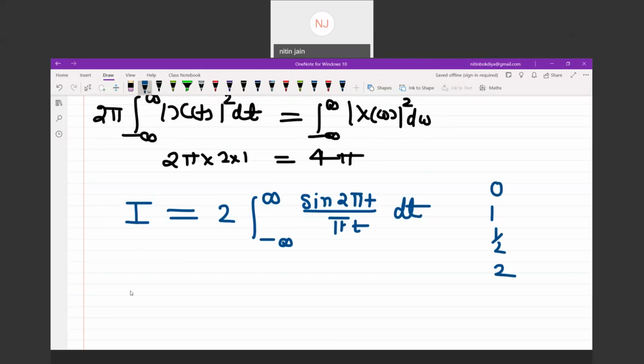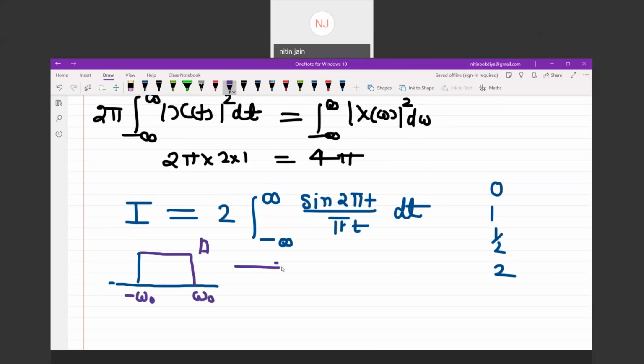So can I say the function is given in this form. This is sinc in time, so you can say this will form a square in the frequency domain. Let's say this is minus omega naught, this is omega naught, and this is a.